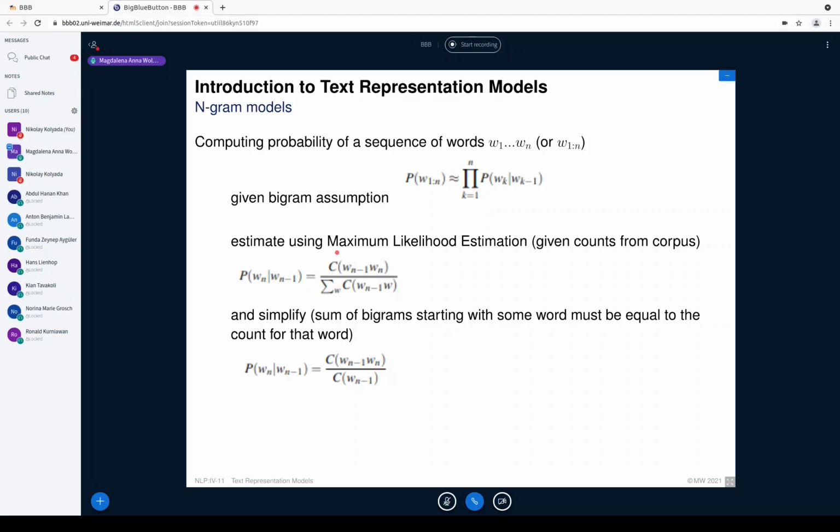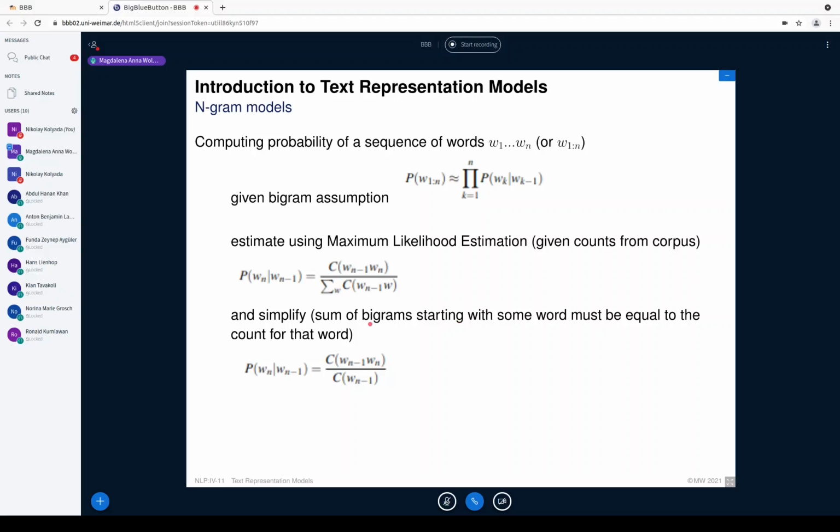Here again, this corresponds basically to our normalized frequency, as we in one of the first slides talked about the relative frequencies. This is a coarse-grained estimate and suffers from the same problem as the one that we were talking about in the beginning. Basically, some of those counts we will not have in the corpus; they will just not be represented.